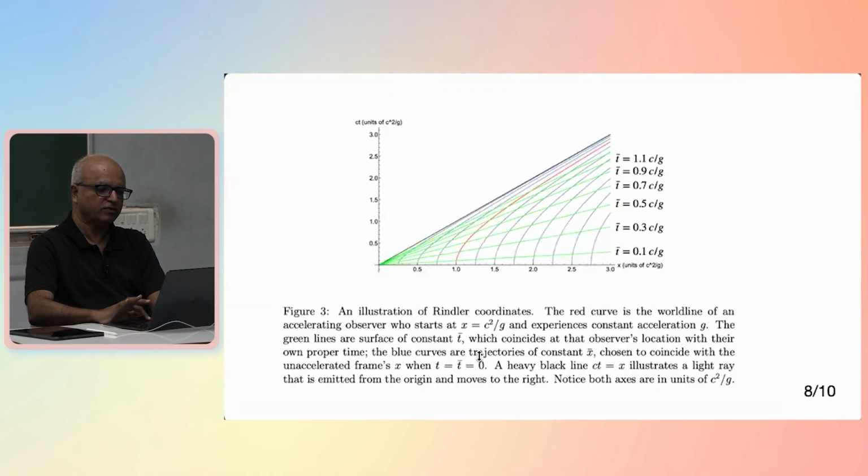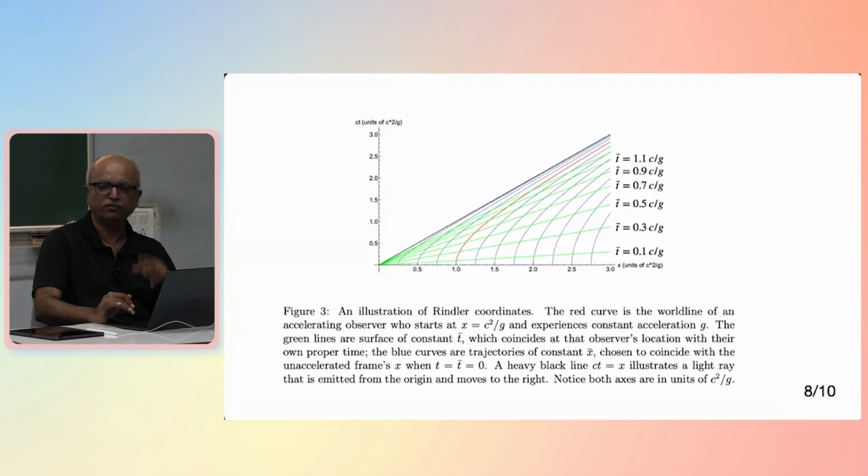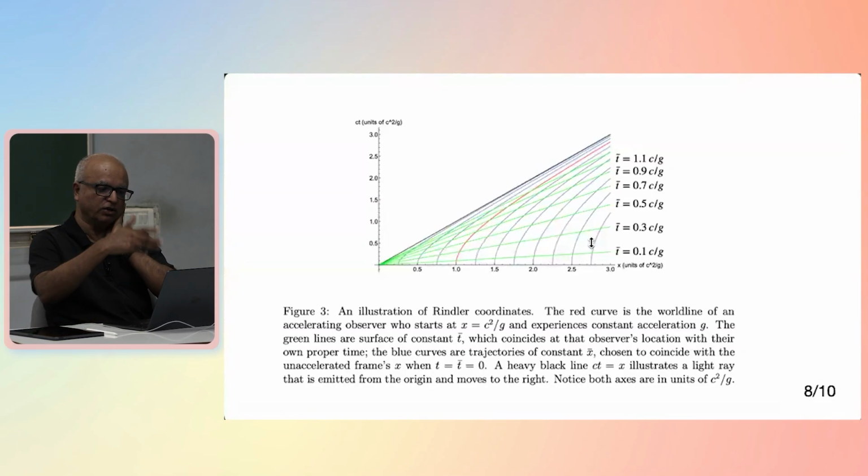The blue curves are trajectories of constant x bar chosen to coincide with the unaccelerated frame's x when t equals t bar equals 0. So, different constant values of x bar will give you different accelerating observers. These are all the trajectories of accelerating observers, these curved lines.